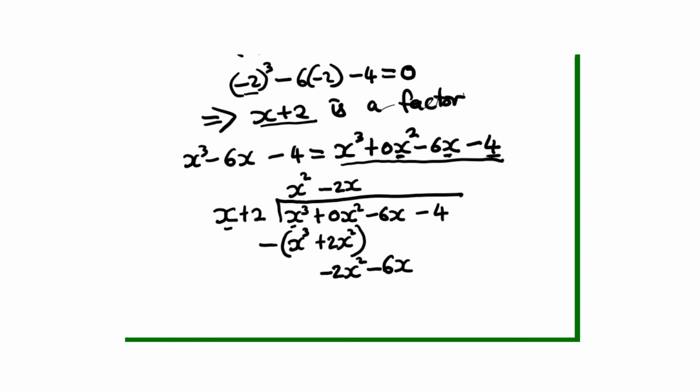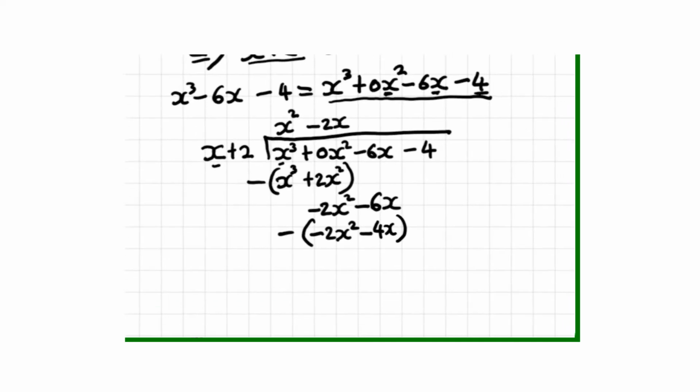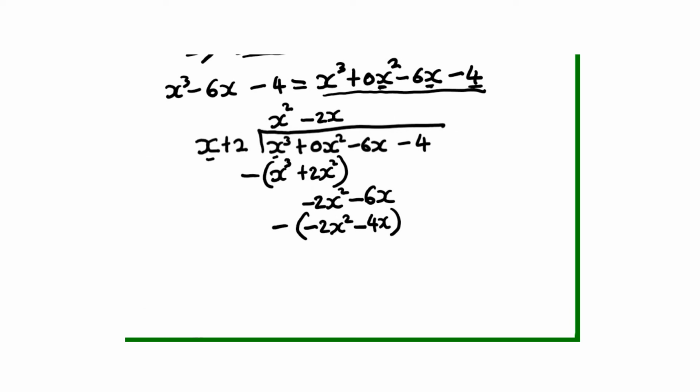Then I multiply again: minus 2x times x is minus 2x squared, minus 2x times 2 gives me minus 4x. Then we subtract again. This gives us a 0. Then minus 6x minus 4x gives me minus 2x. Then we bring down the minus 4.